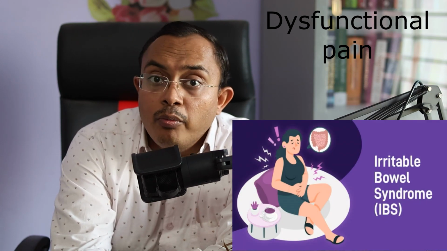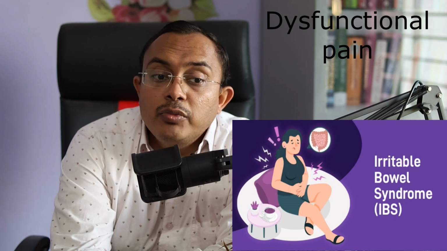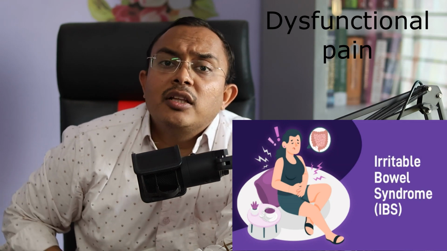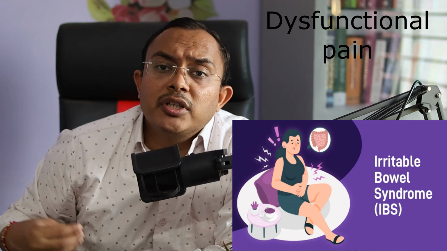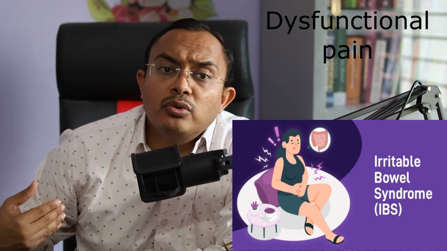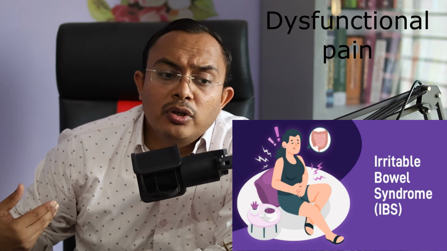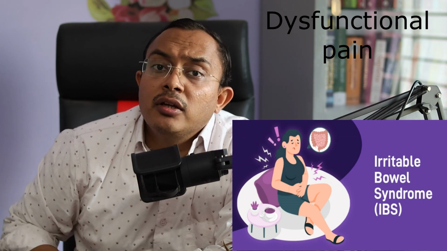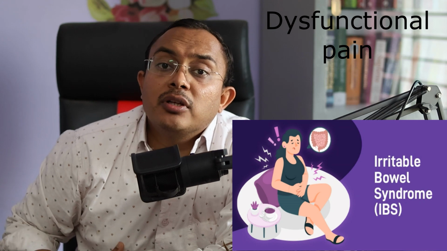And another example I would like to give you is irritable bowel syndrome. In that, the patient has a complaint of vague abdominal pain. The patient cannot localize it, the patient will tell, sir, I have abdominal pain. The patient has to go for bowel movements, going multiple times to the toilet, and is not getting the sensation that the abdomen is completely empty.